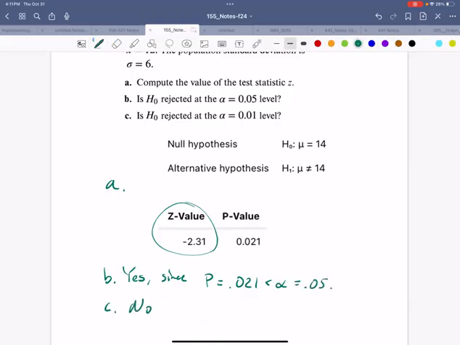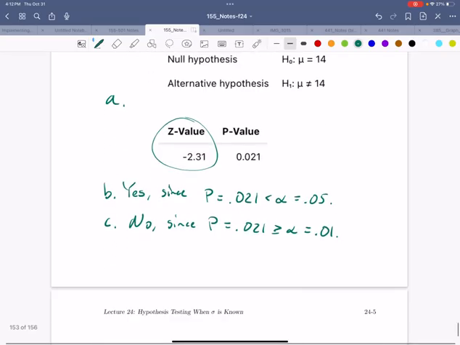However, we do not reject the null hypothesis at the 0.01 level, since P is greater than or equal to alpha, which equals 0.01. So that's what we do.